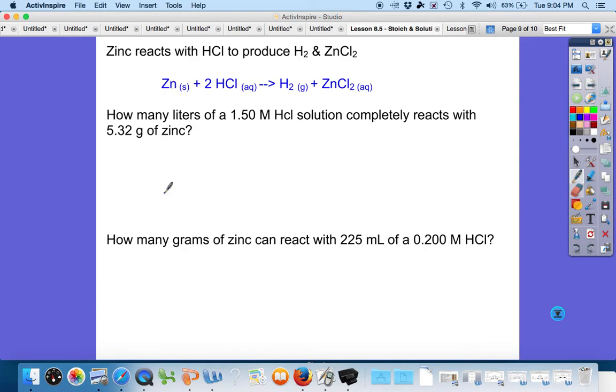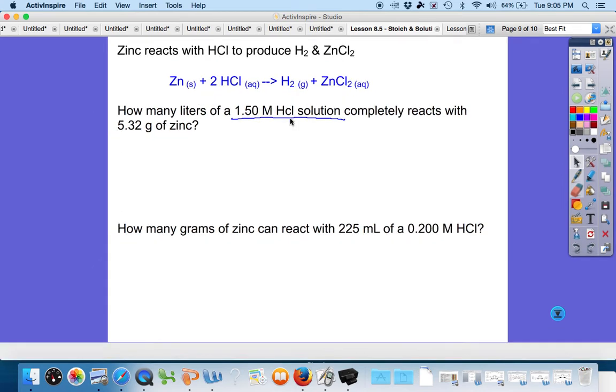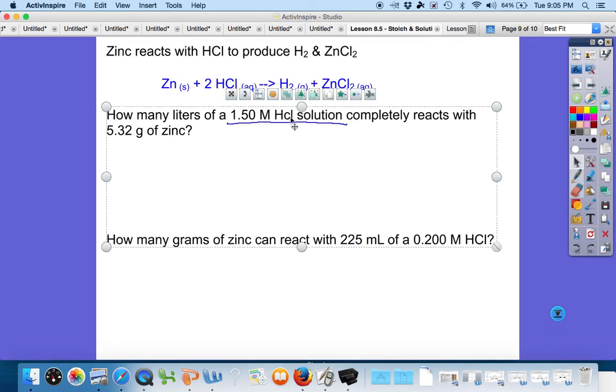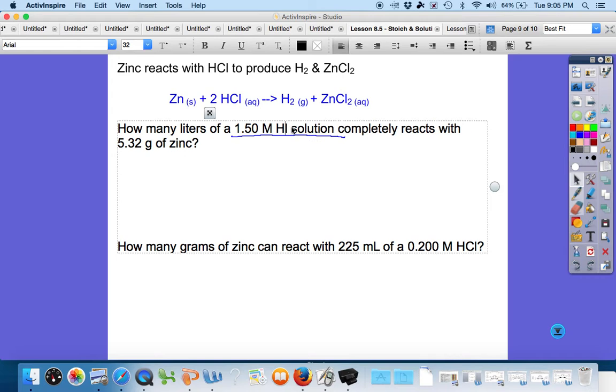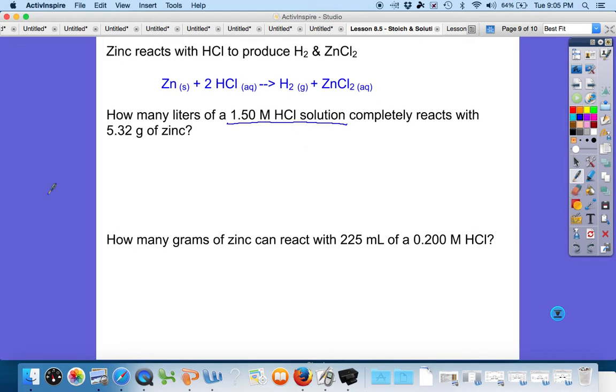So zinc reacts with hydrochloric acid to produce hydrogen gas and zinc chloride. So how many liters of a 1.5 molar hydrochloric acid solution completely reacts with 5.32 grams of zinc?